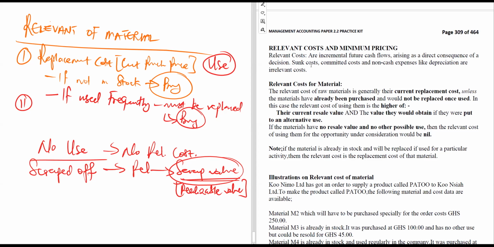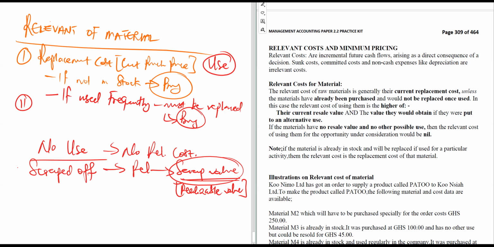So that scrap value of 50 cedis, have I not forgone it to make my book? Doesn't it make it relevant? Yes. In that case, that scrap value becomes a relevant cost because I have forgone scrap to use it in my contract. Make sense?